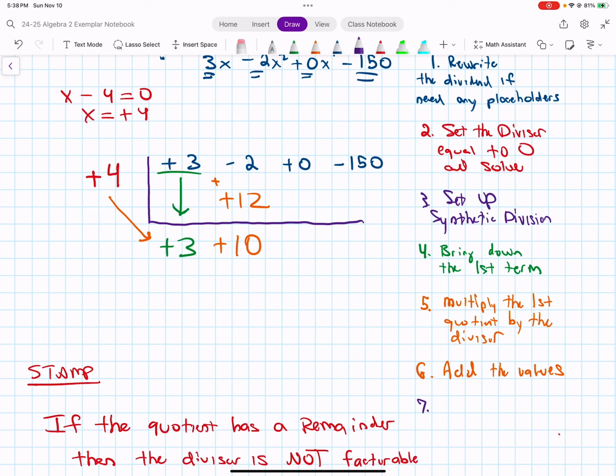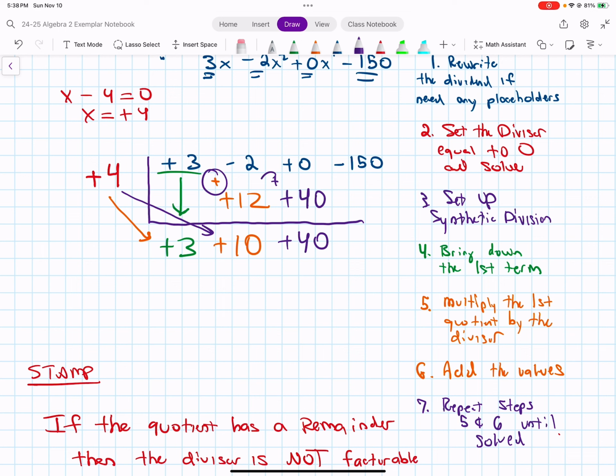Step 7 is to repeat steps 5 and 6 until solved. So what that means is 4 times 10 is +40. 0 plus 40 is +40.